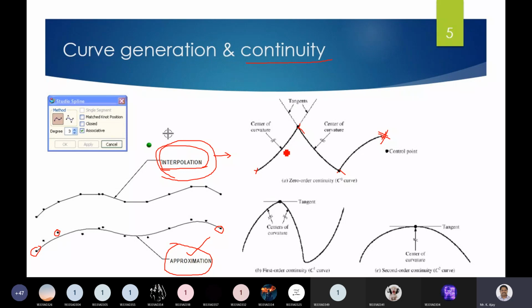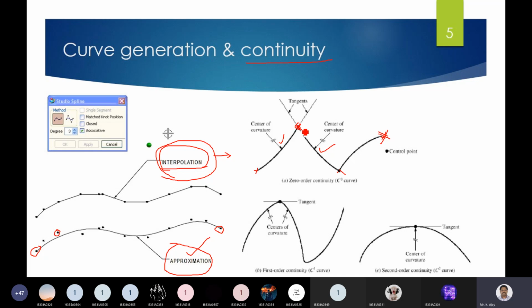So this is one segment of the overall curve. This is another segment of the same curve. If the end point of the first segment is the same as the start of the second segment, they are intersecting, not separated, all the segments are just connected.